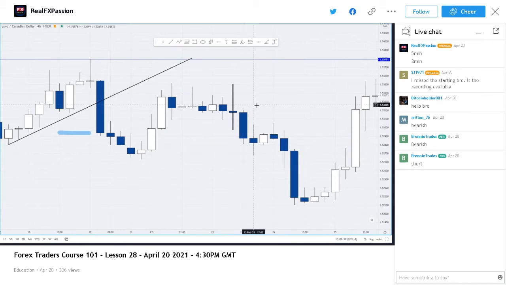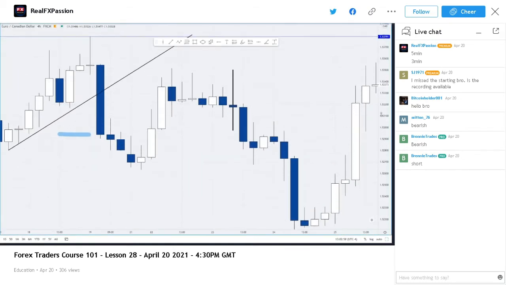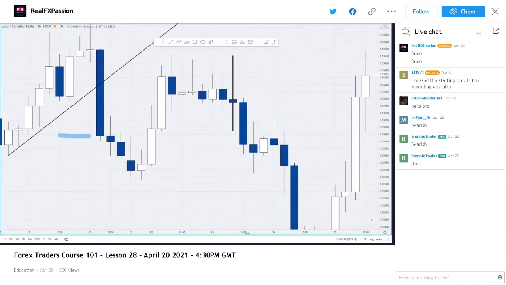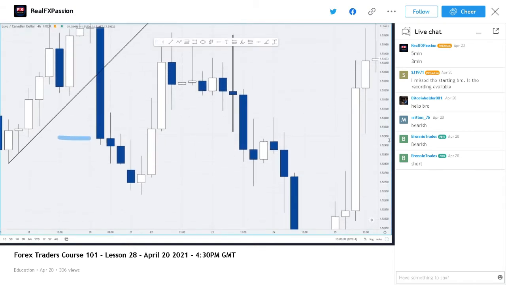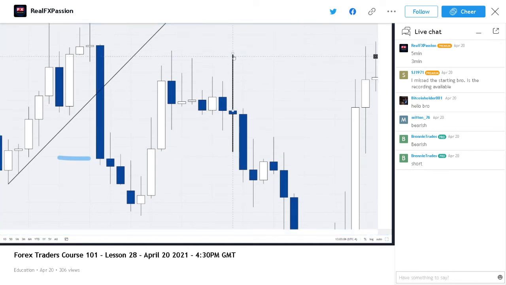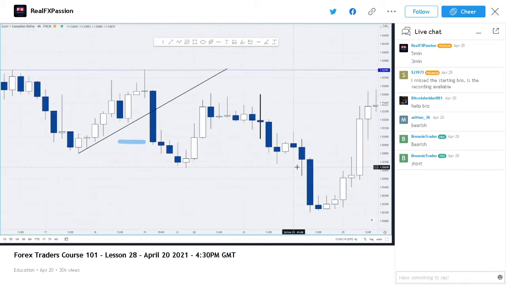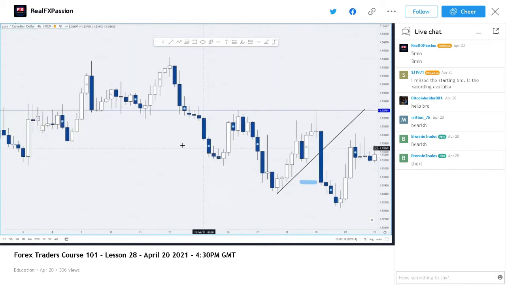The candle, I cannot zoom in more, I'm sorry. Passion, I can't zoom in more. This is the maximum zoom that TradingView allows. Okay, I can stretch it. So it was blue, it was bearish pressure, and what happened next? The decision candle, right? Just an example.